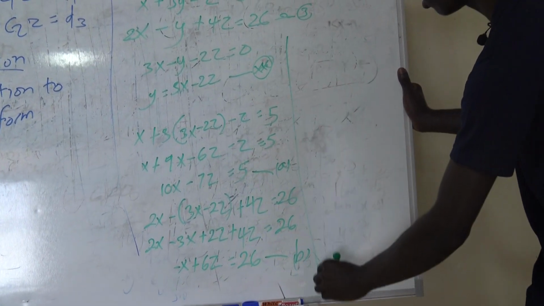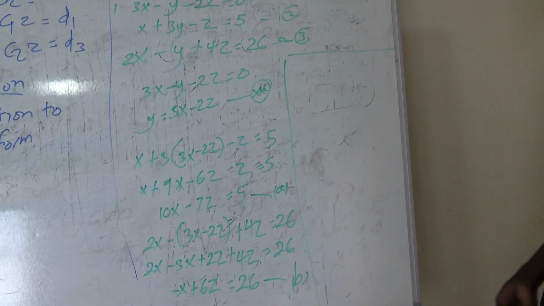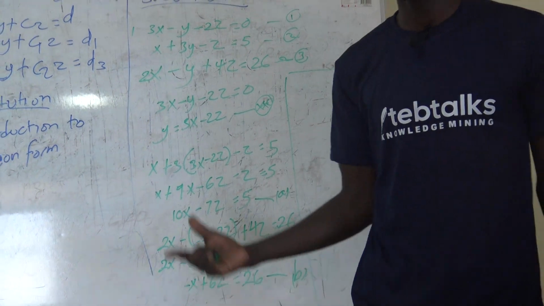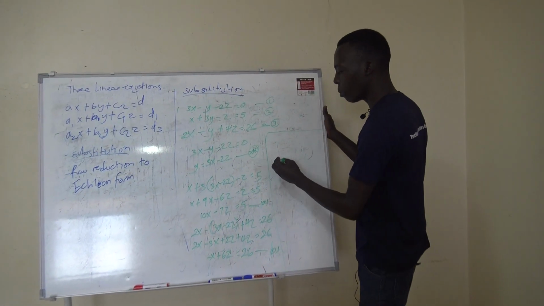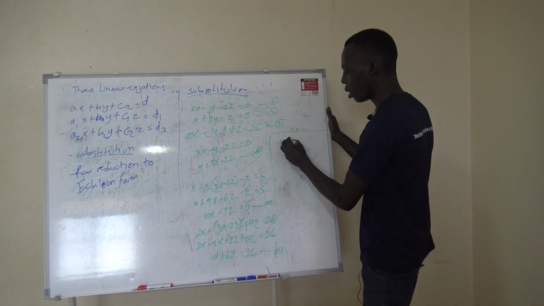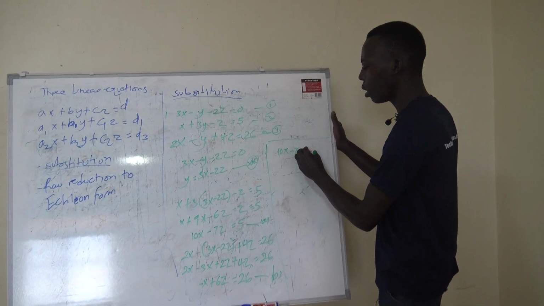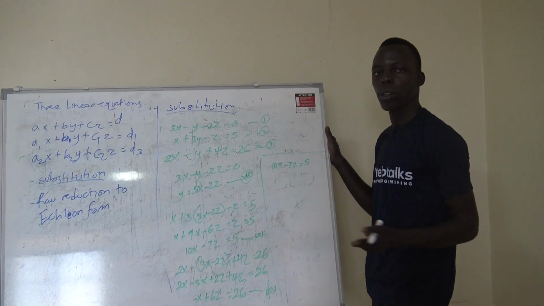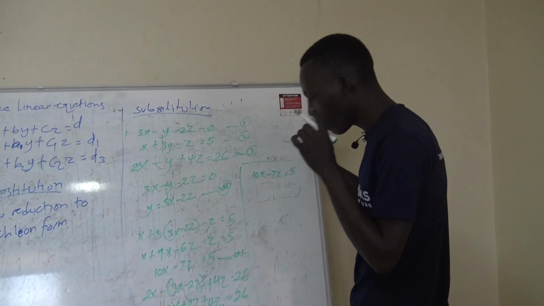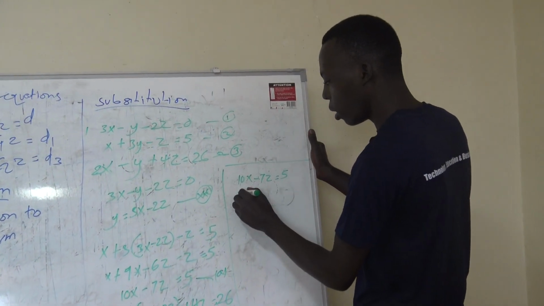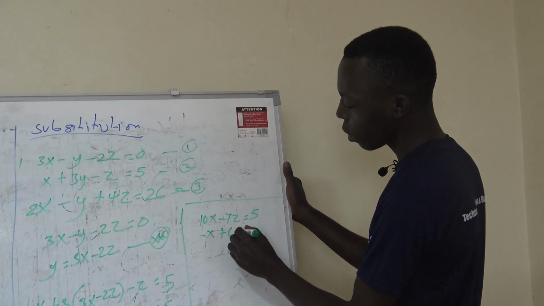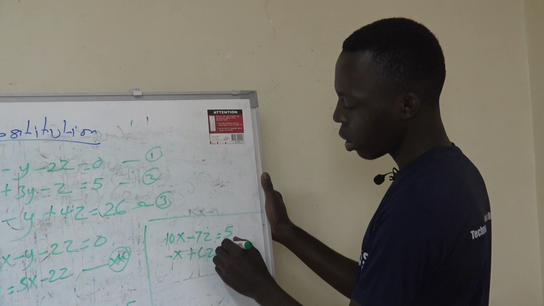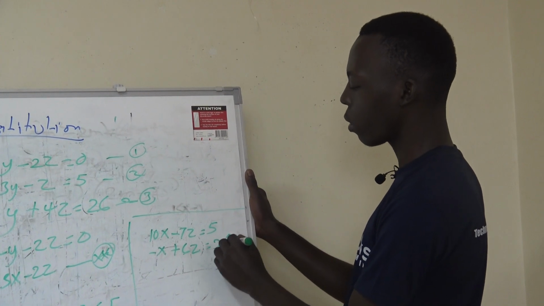Then from there we're going to solve equations A and B simultaneously. We have 10x minus 7z equals 5 as equation A. Then the other one is -x plus 6z equals 26.